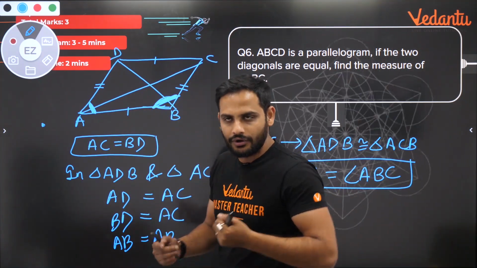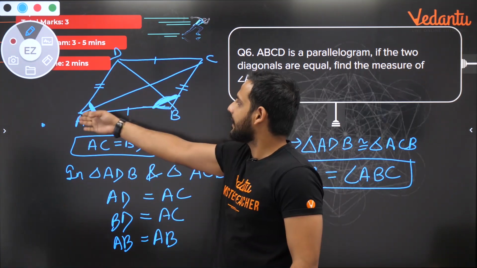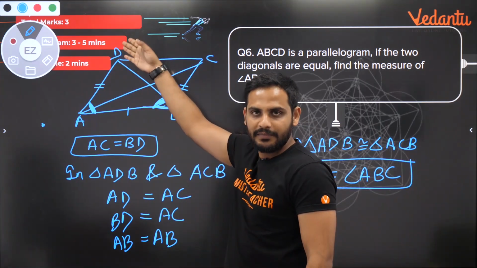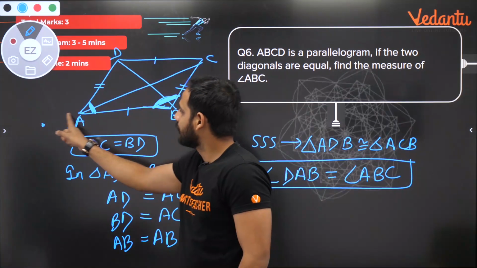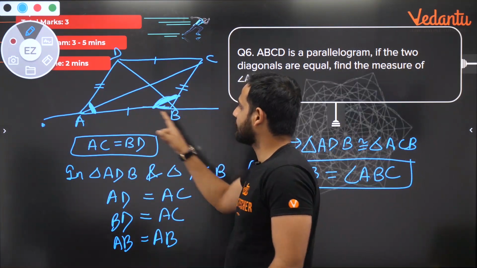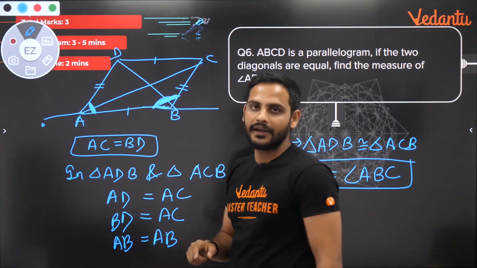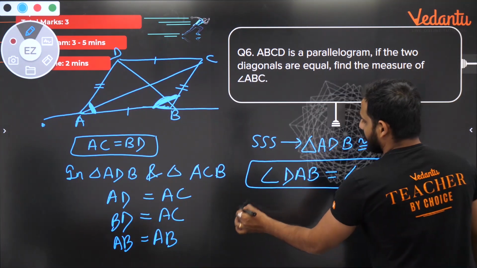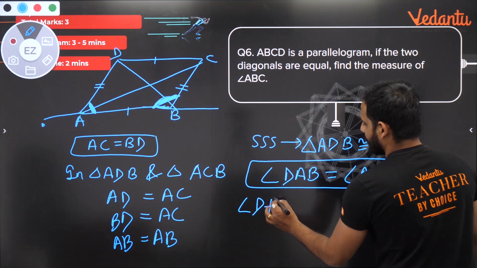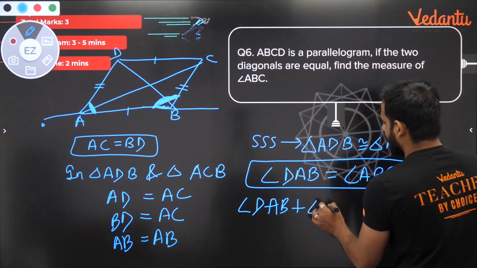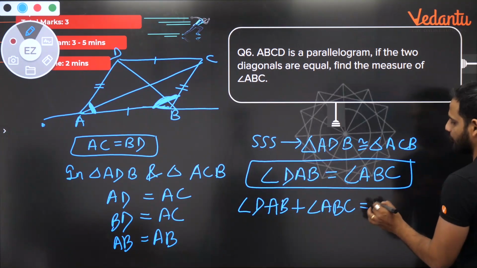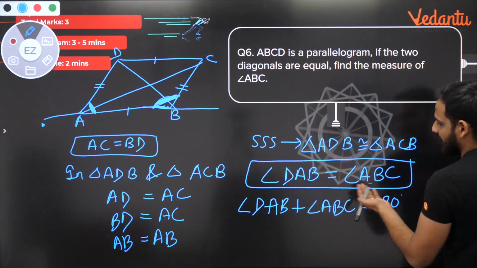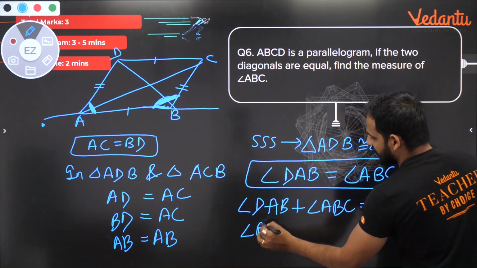If you don't know this, see, if BC and AD are parallel, AB is acting as a transversal, so these two are a pair of interior consecutive angles. So angle DAB plus angle ABC should be equal to 180 degrees. Since DAB and ABC are equal, I can replace DAB with ABC only.